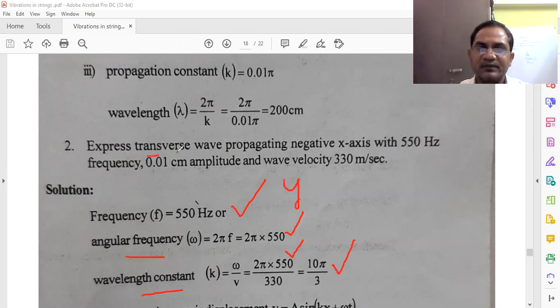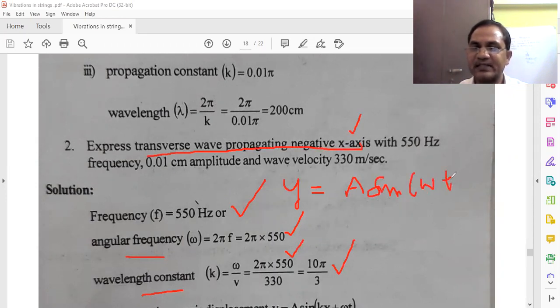Here you observe the sentence, the wave is propagating along the negative x-axis. So what is the equation for the wave propagating along negative x-axis? Here we write A sine of omega t minus kx or plus kx? Plus kx, because it is along the negative x-axis.